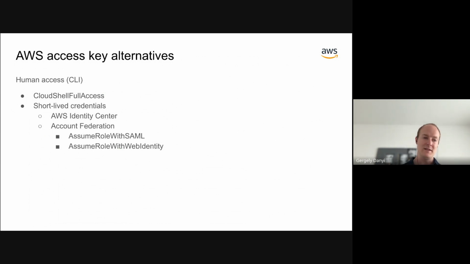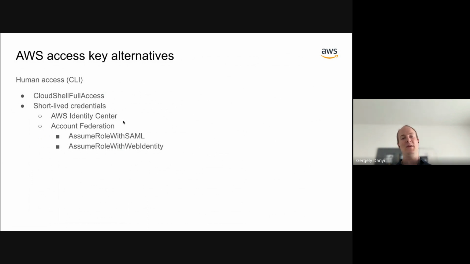For human access from the CLI, you can grant the CloudShell full access managed policy to your users. In this case, they will not interact with the CLI from their local machine. They will log into the web UI, the AWS console, and create a CloudShell there. You can also change the authentication scheme to something that supports short-lived credentials.